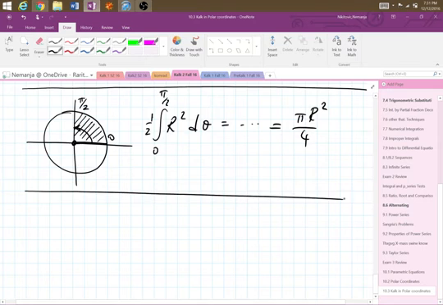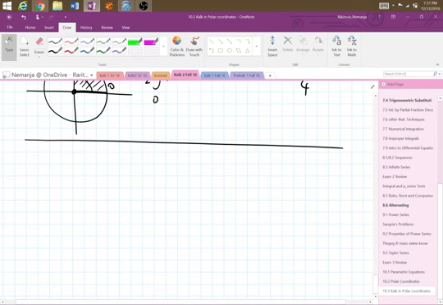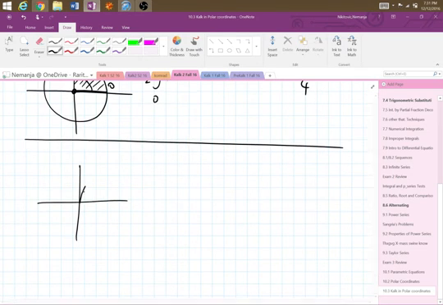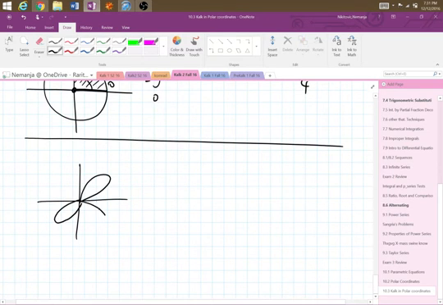So, for instance, I'm going to give an idea of what I'm talking about. Here, you see this? I ask you, what is the area of this, right? That's the question. So how do you approach this?